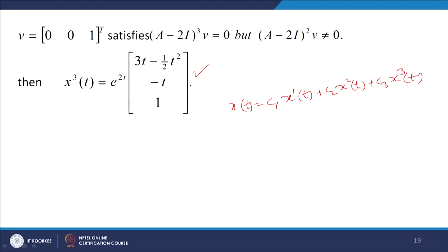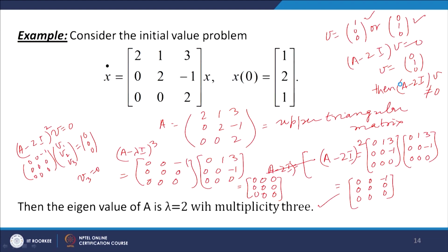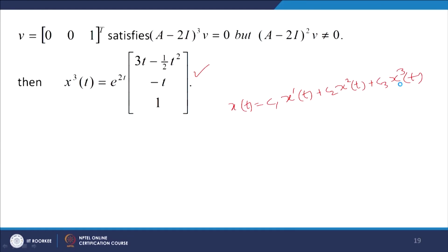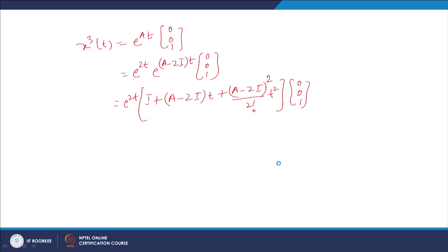Now, we use the initial condition. The initial condition is x(0) equal to 1 2 1. So, when we use x(0) equal to 1 2 1, we will have C1 x1(0) plus C2 x2(0) plus C3 x3(0). Okay. Now, x1(0) is what?